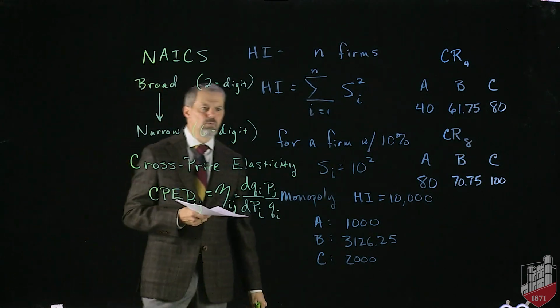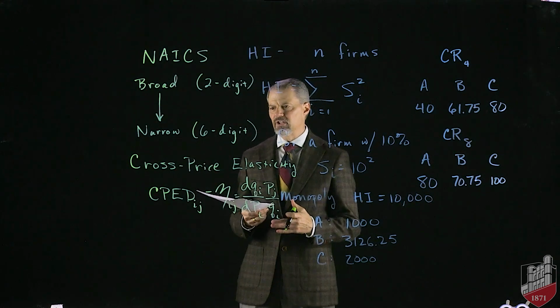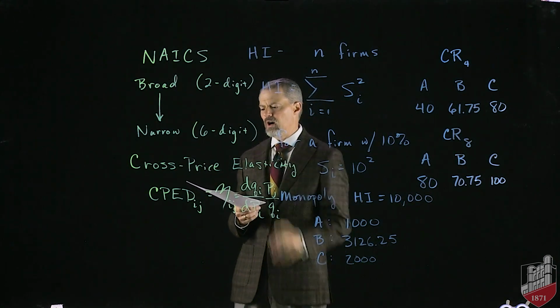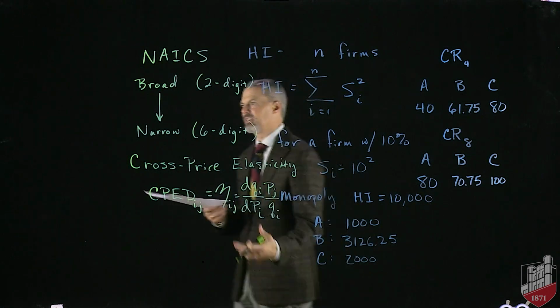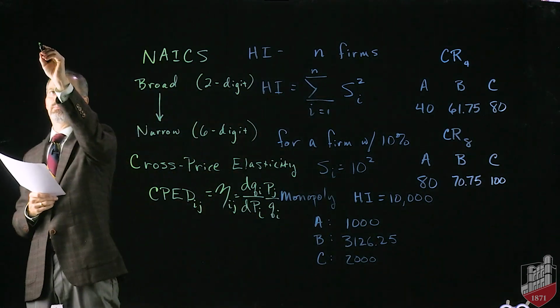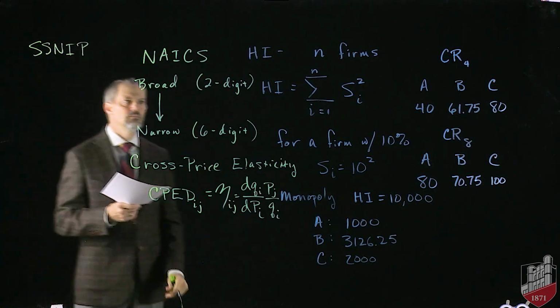There's a category that we can use to think about market definition that depends on this cross-price elasticity, and it's the SSNIP.